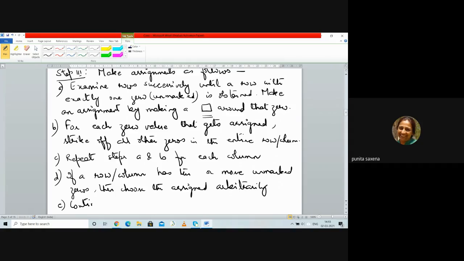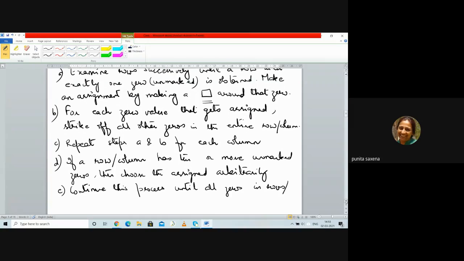Okay, and when do we terminate? We continue this process until all zeros in rows or columns are either marked or struck off.